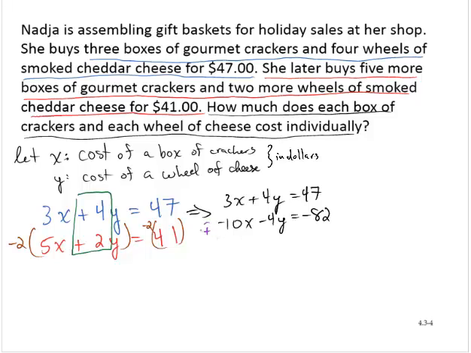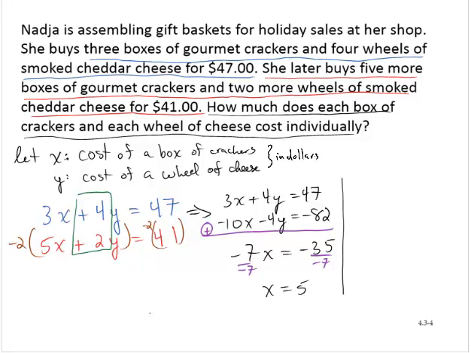Adding these equations together provides an elimination on y, yielding negative 7x equals, let's see, negative 35. And dividing through by negative 7, we find that x is equal to 5.